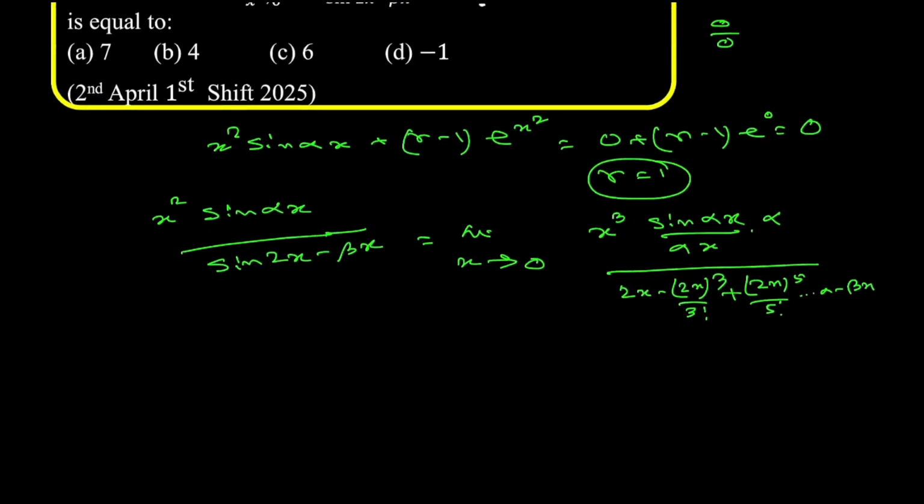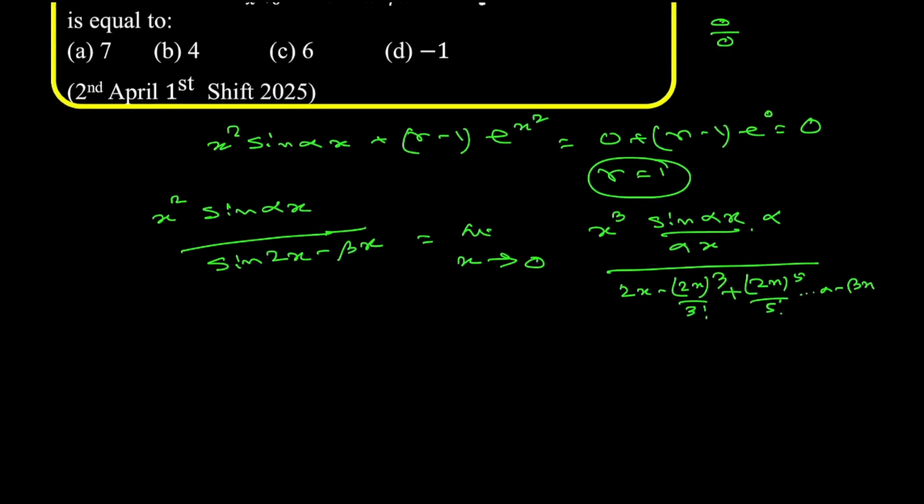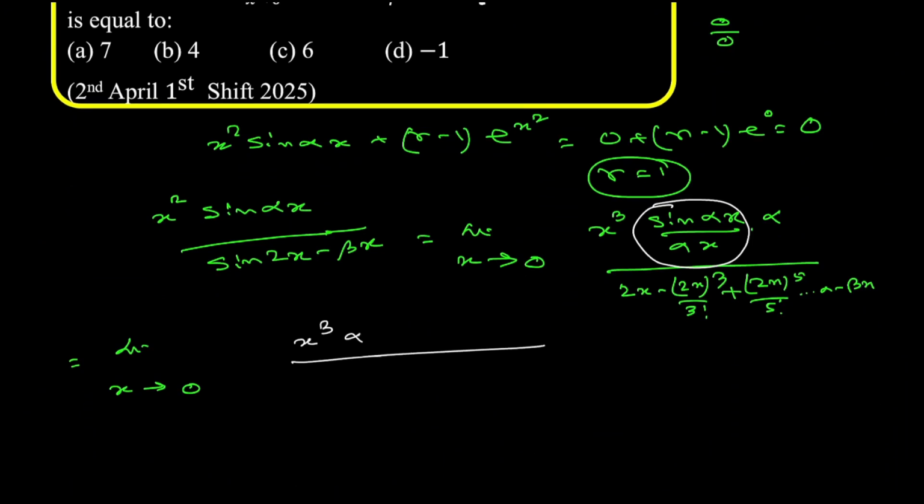Now the limit as x tends to 0. We see that sin x by x is coming 1, so the numerator is x cube alpha. In the denominator, if we take common a single power of x, we are getting x into (2 minus beta).